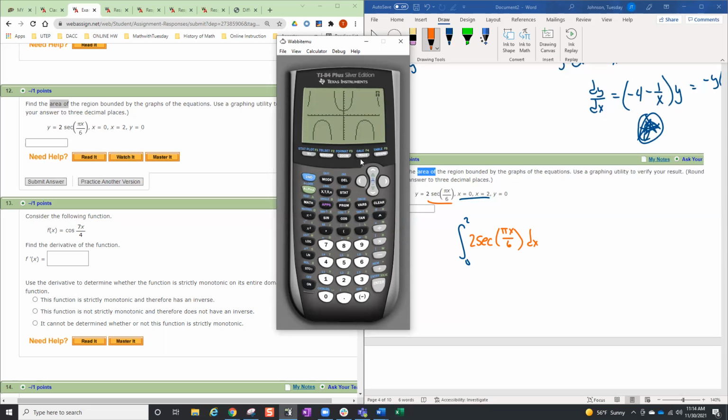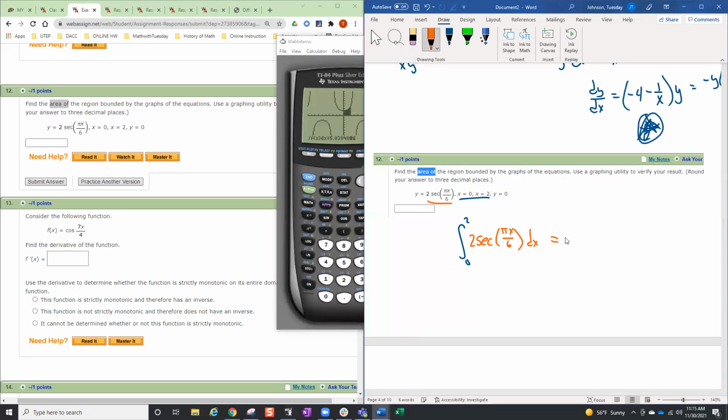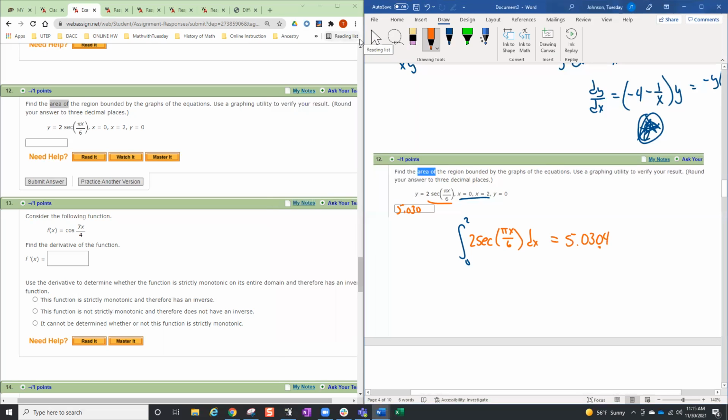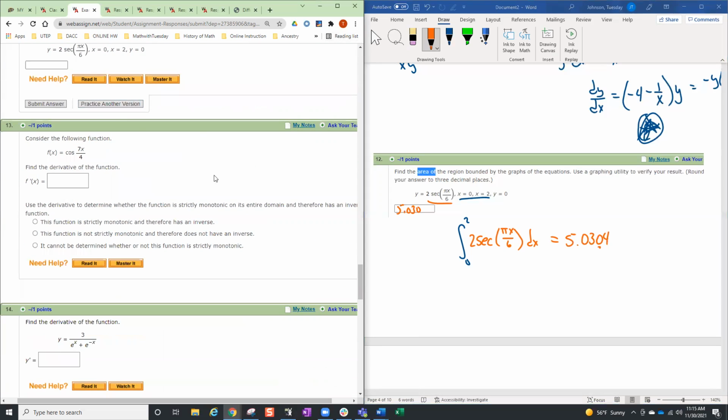And then over here in calculate, I want to find the integral, so number 7, from 0 to 2. It puts that shading in for me, and it's 5.0304. We want it to 3 decimal places, and so this will be 5.030. Work smart, not hard, always. Always.